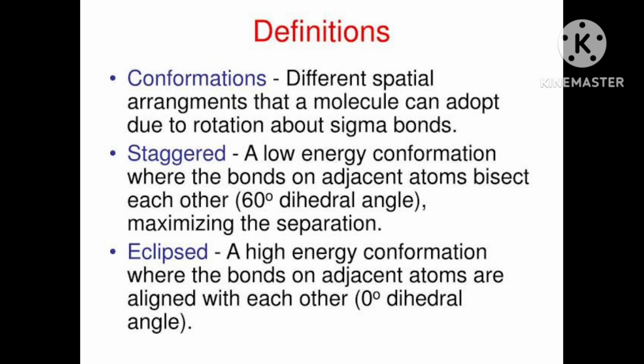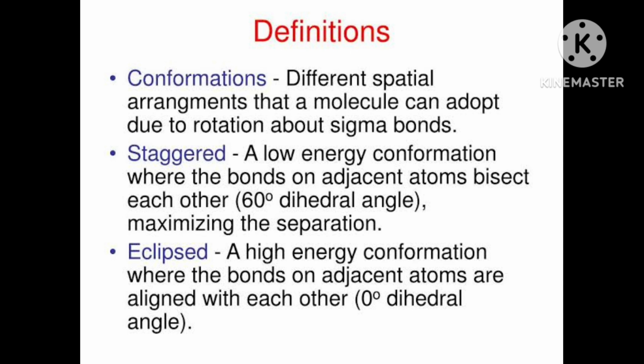The angle of rotation about the carbon-carbon bond is called the dihedral angle, or also the torsional angle. Of all the conformations of ethane, the staggered form has the least torsional strain because it is stable.